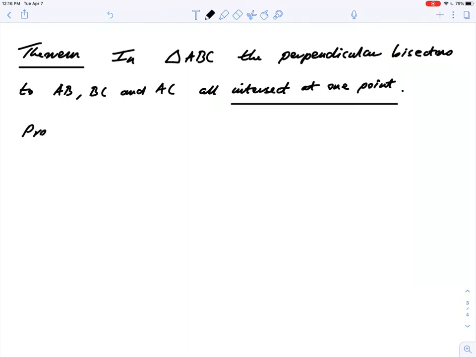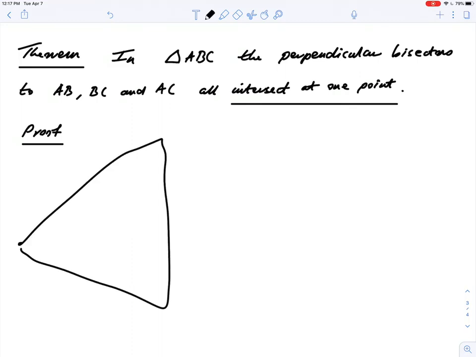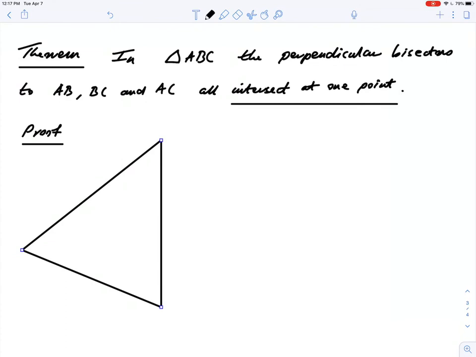So proof. The proof's really cool, I really like it. So let's take a triangle. Nice, and we'll call this vertex A, this vertex C. Okay, so what are we going to do? Well, let's draw some perpendicular bisectors, shall we? So let's draw SAB, like this.